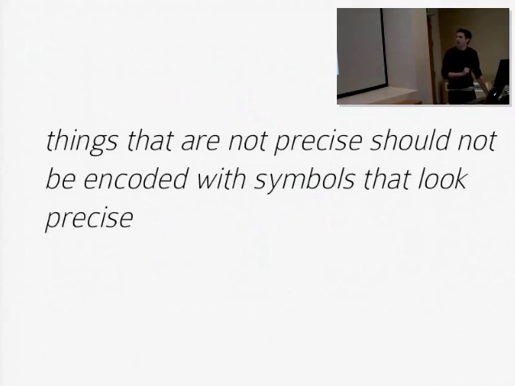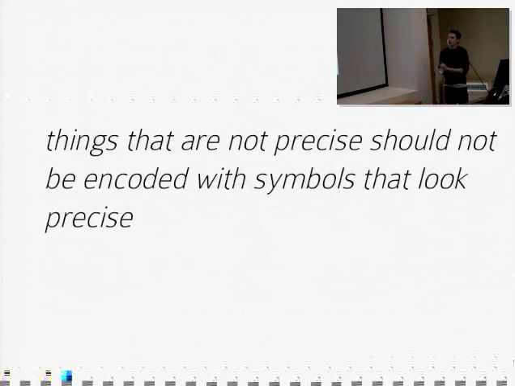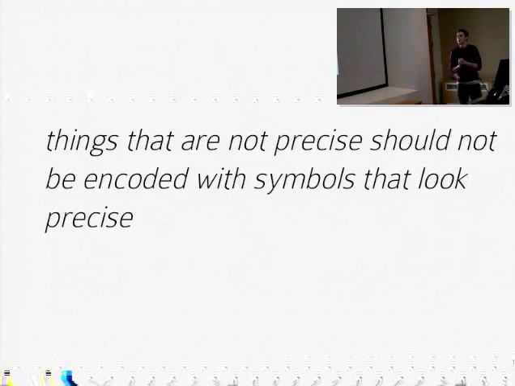When thinking about uncertainty, I think this is the only real visualization guideline that is difficult to find fault with: things that are not precise should not be encoded with symbols that look precise. I think that's a real key thing to think about when trying to design for uncertainty in visualization.